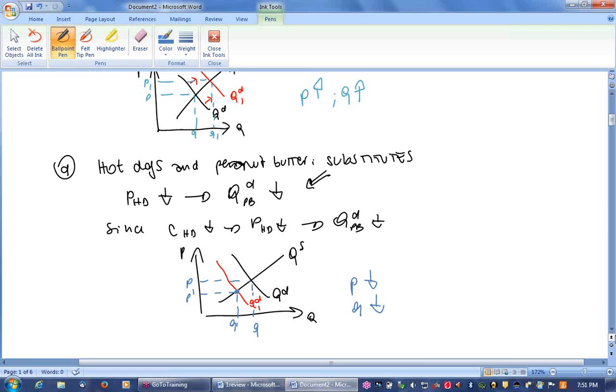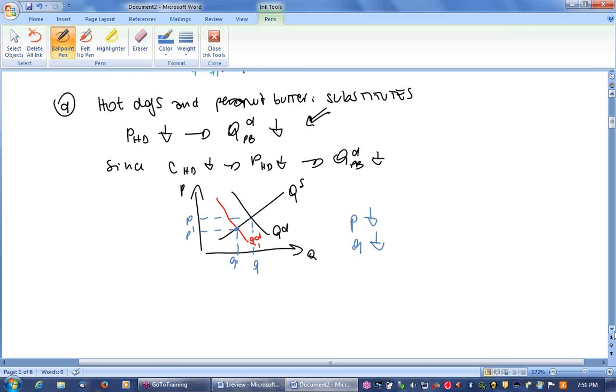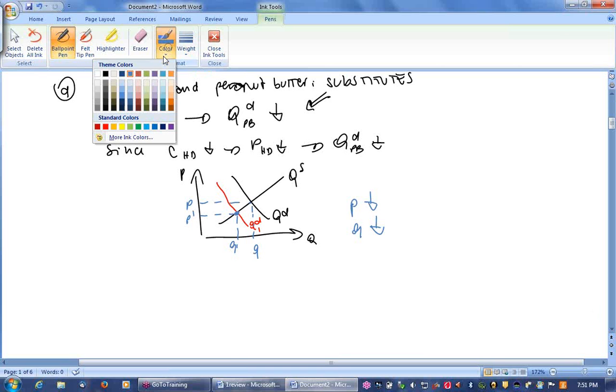Okay, so to sum up, what are the possible reasons for the demand curve to shift?